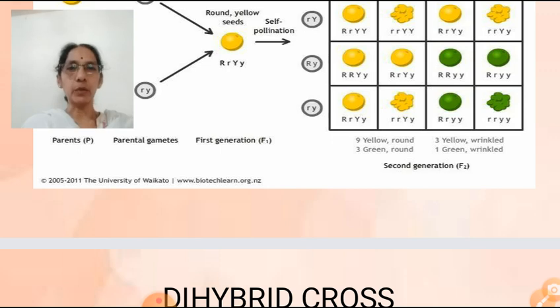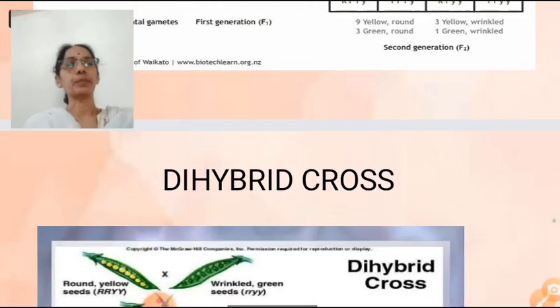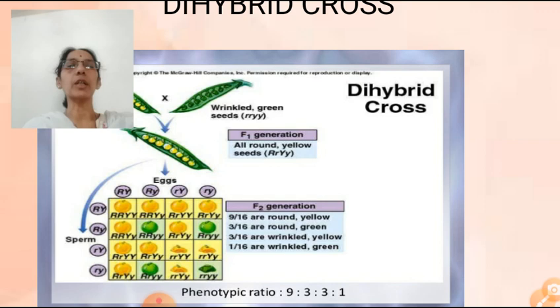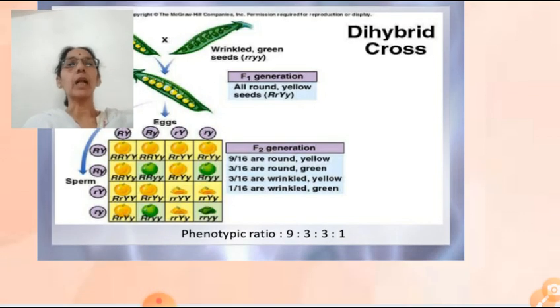So in the F2 generation, in a dihybrid cross, phenotypic ratio is 9:3:3:1. In a monohybrid cross, phenotypic ratio is 3:1. So the unique feature of a dihybrid cross is here, along with the parental combination, we got new combinations or they are called as recombinant.